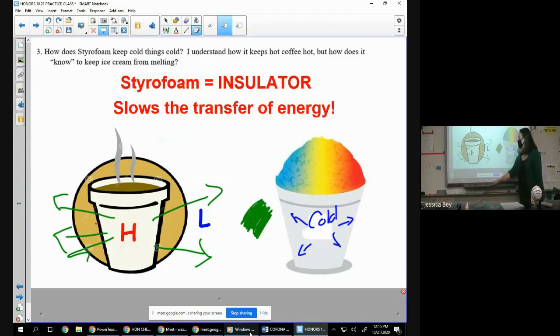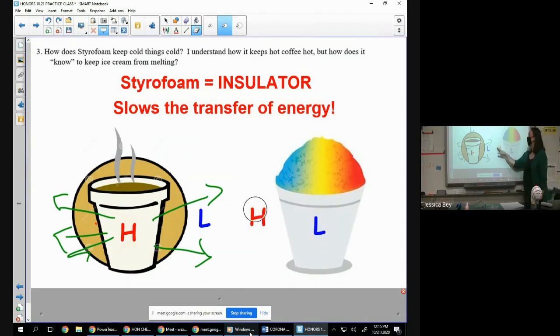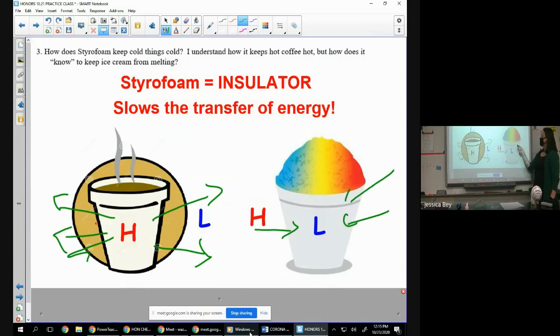Your ice cream is a low temperature compared to the high temperature on the outside. But the styrofoam isn't keeping cold in. It's keeping hot out. This heat is still trying to get in. It's still trying to melt your ice cream. It's just that styrofoam's like, yeah, no.